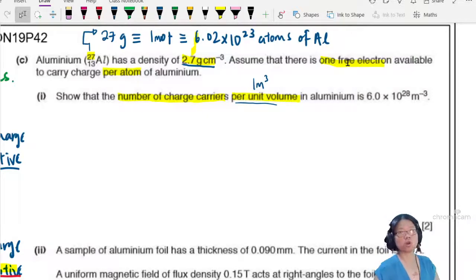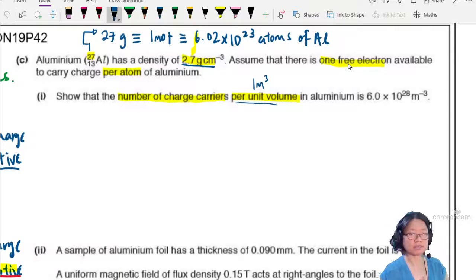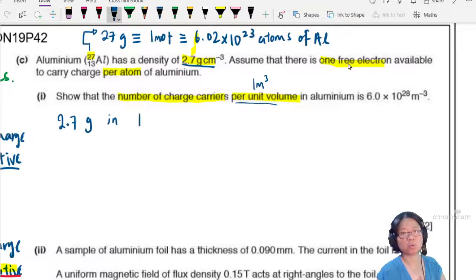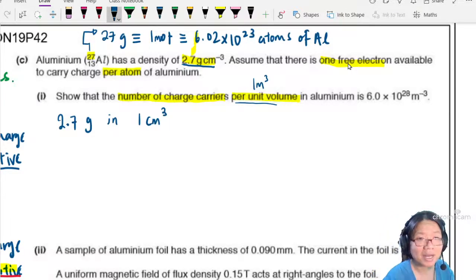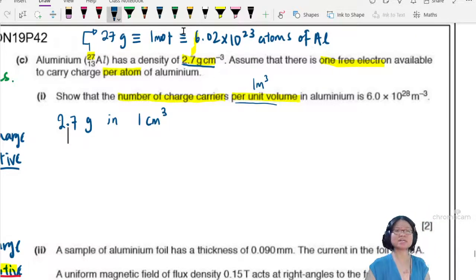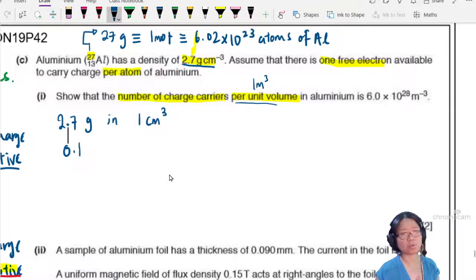So how do I find the number of moles in 1 meter cube? I use density, which is 2.7 gram in 1 cm cube. 2.7 gram, how many mole is 2.7 gram? 27 gram is 1 mole. 2.7 gram is 0.1 mole in 1 cm cube.